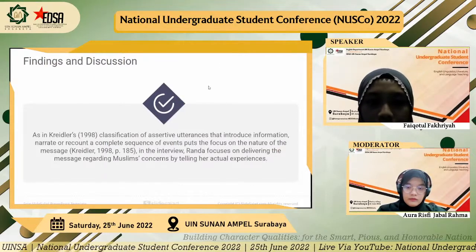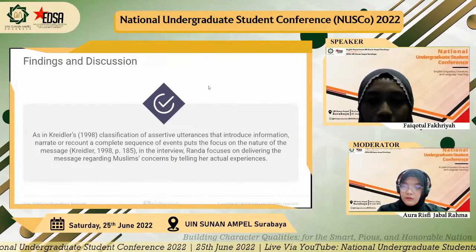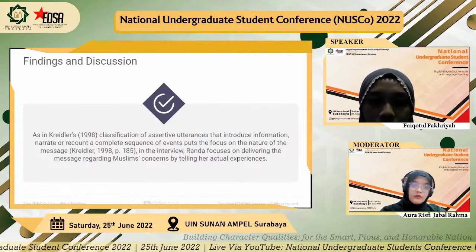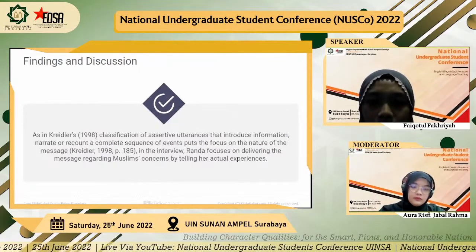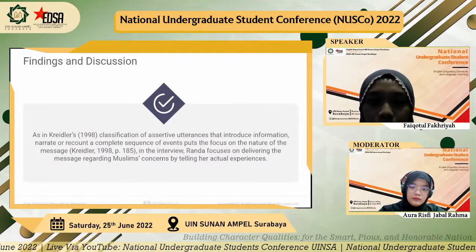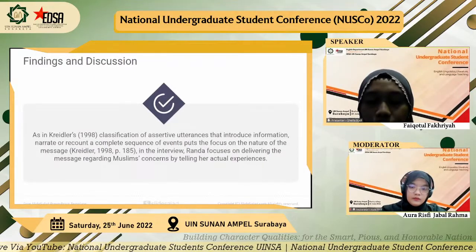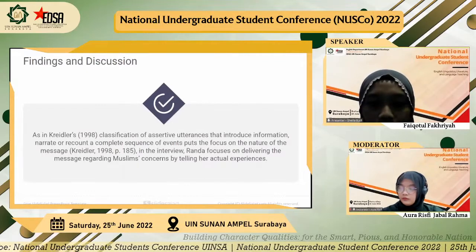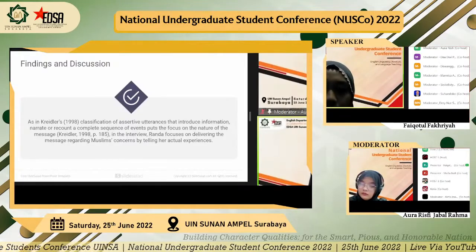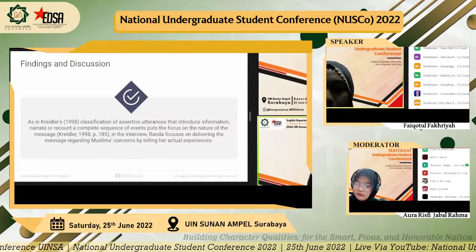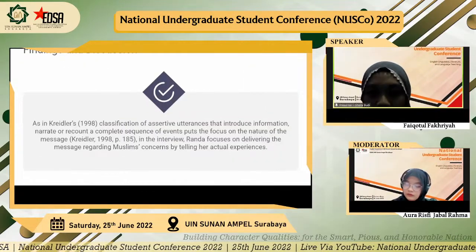As in Searle's classification of assertive utterances that introduce information, narrate, or recount a complete sequence of events, put the focus on the nature of the message. And in the interview, Randa focused on delivering the message regarding Muslims' concerns by telling her actual experiences.